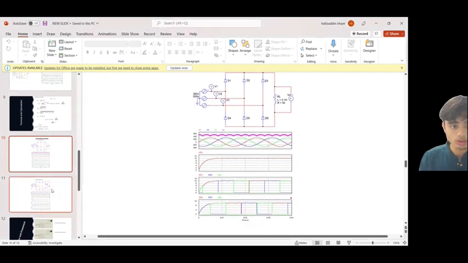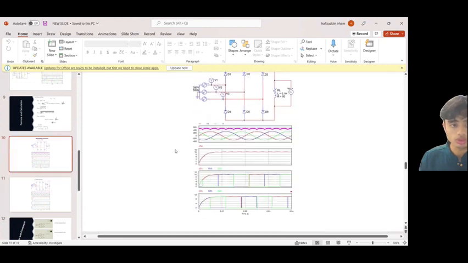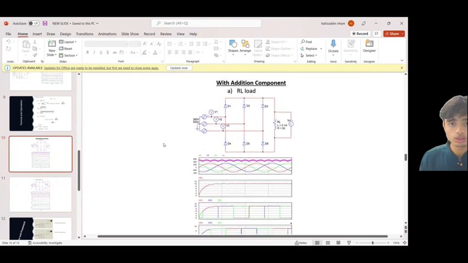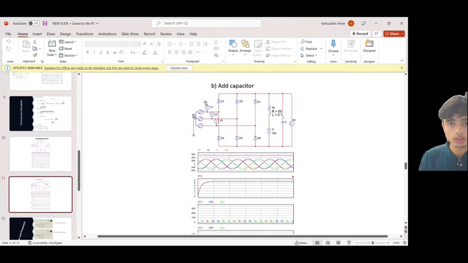And then we also can look at other cases, if we add another component like a capacitor.